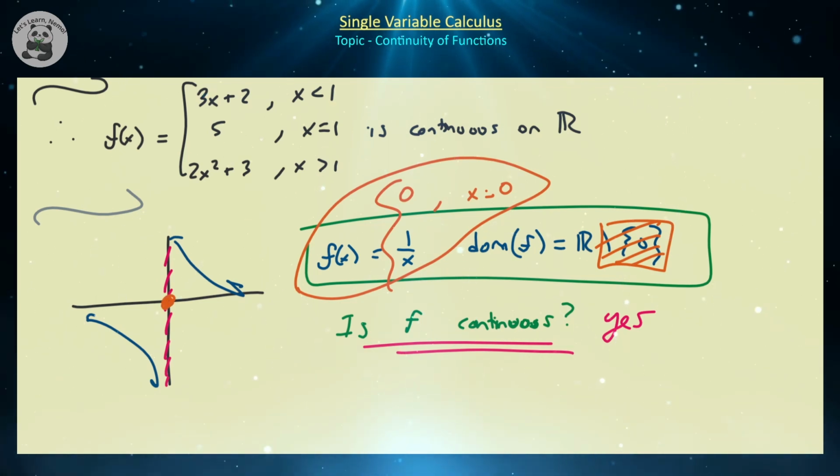Now it's not continuous at x is equal to 0 because it has an infinite discontinuity or an extreme case of a jump discontinuity. So do pay attention to those concepts, and if some people ask, always refer to the definition that you're working with. So those are some of the basics associated to the continuity of single variable functions, and this is going to come in handy a little bit later.